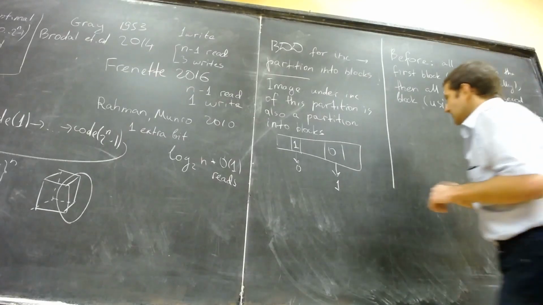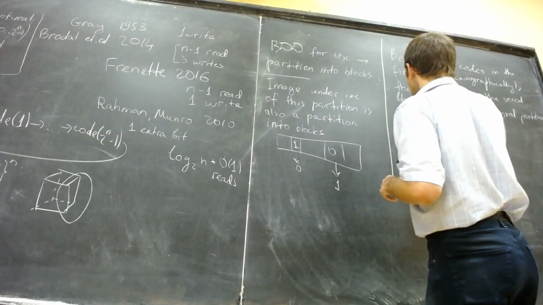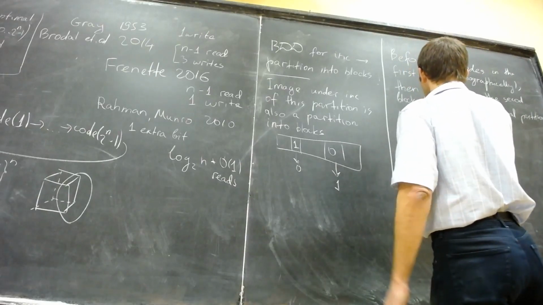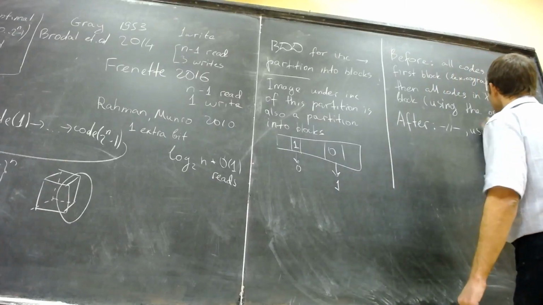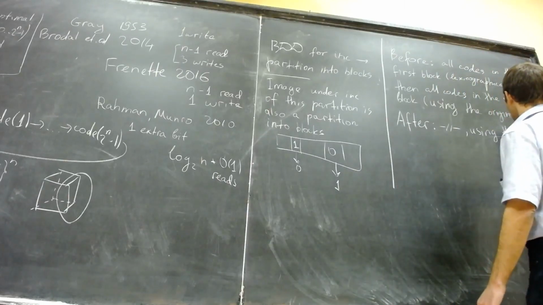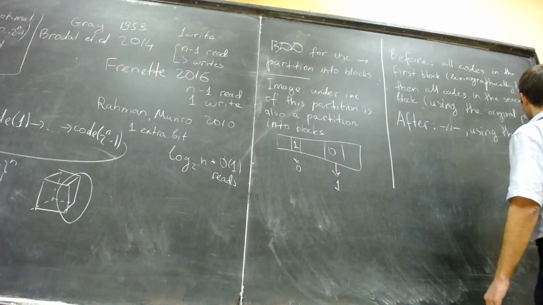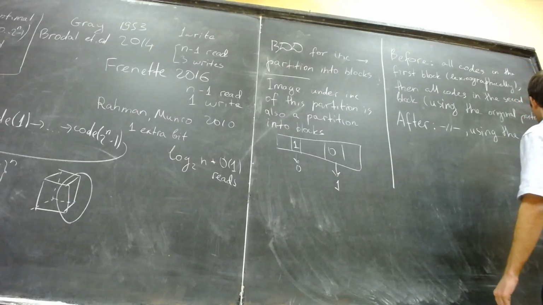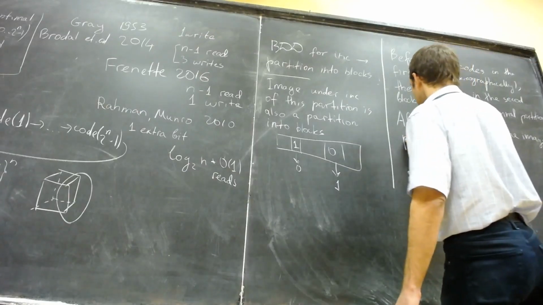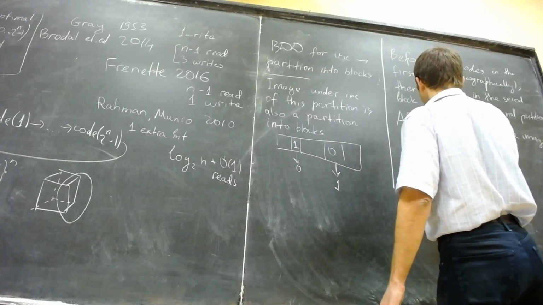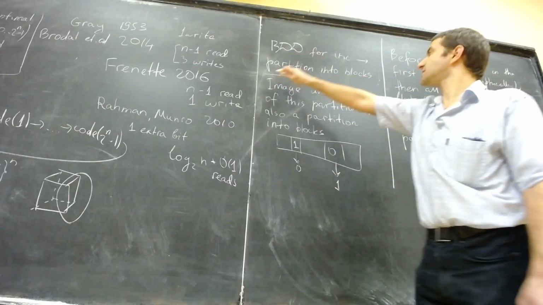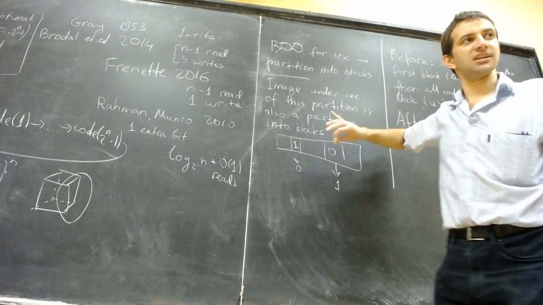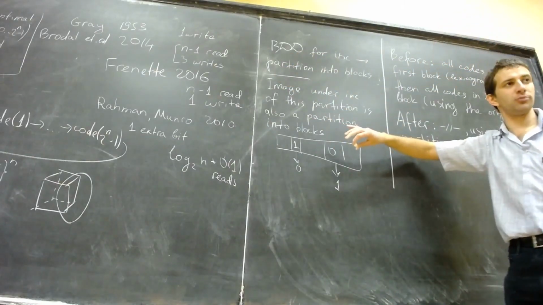And then there is after, the same, but using the image of the partition. BDD defines a partition, and when we take an image, it is again a partition in two blocks.